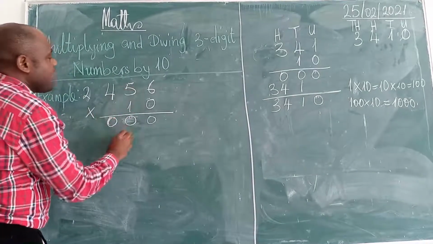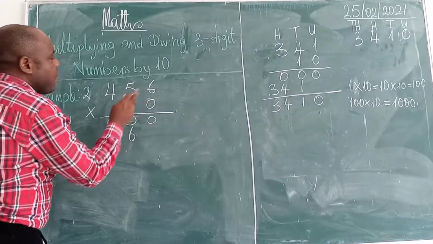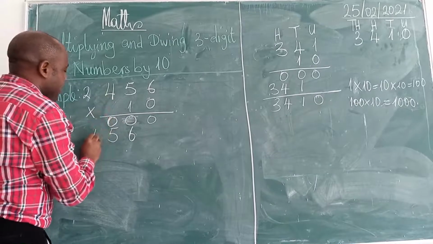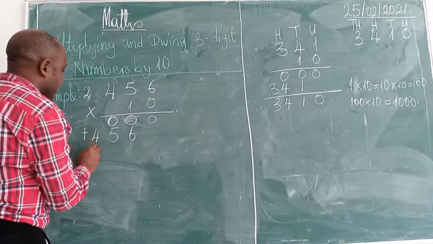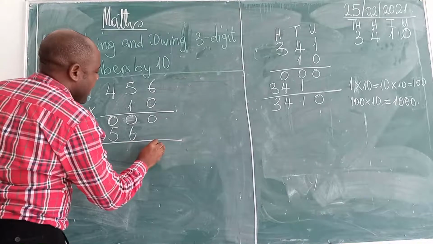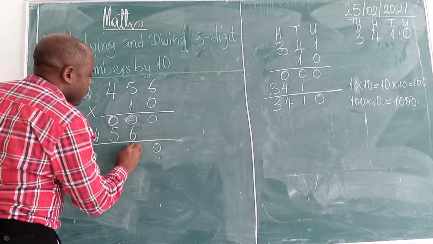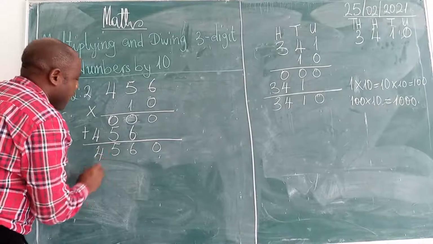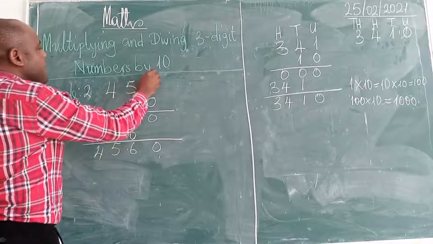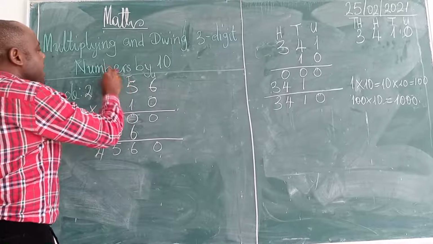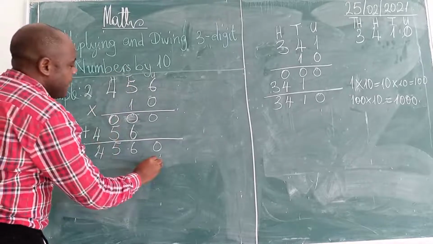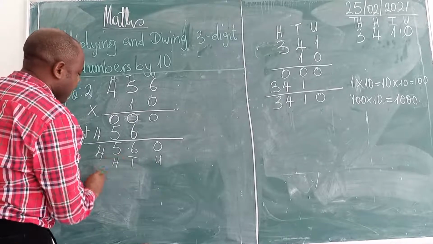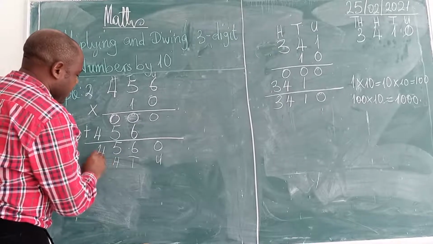We have 1 times 6 is 6. 1 times 5 gives me 5. 1 times 4 gives me 4. We now add our product. So we have 0 here, we have 6 here, we have 5 here, we have 4. If we look at this one, this is the unit, this is the 10, and this is the 100. But in the answer, this is the unit, this is the 10, this is the 100, this is the 1,000.